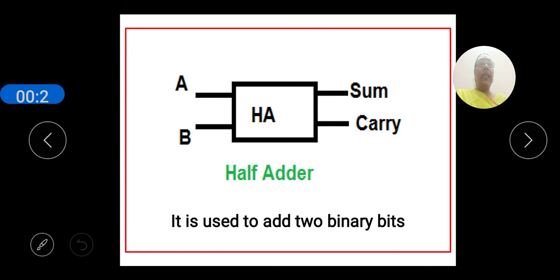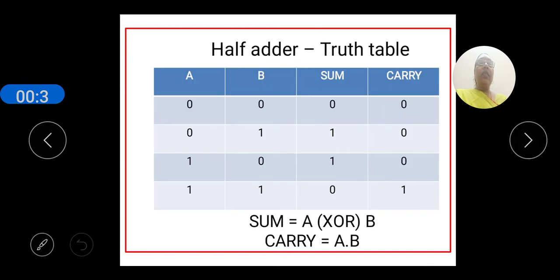This is the block diagram of a half adder. It has two inputs A and B, and the outputs are sum and carry. This is the truth table for half adder. When the input variables A and B are 0, 0, the sum is 0 plus 0 and the carry is 0. When A is 0 and B is 1, the sum is 0 plus 1, which is 1, and the carry is 0.